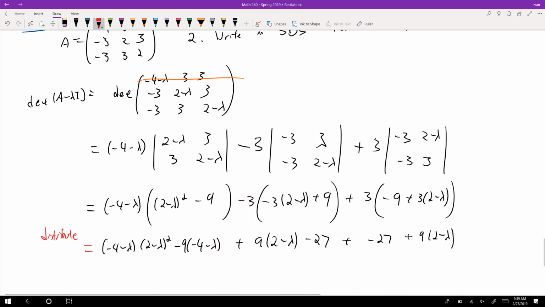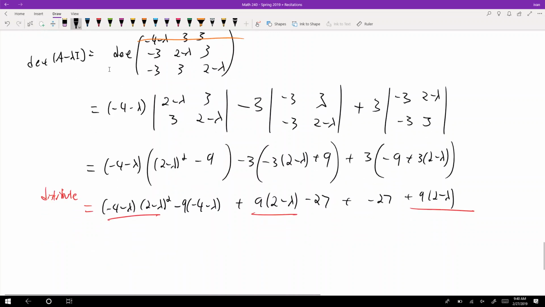Okay, what's the next step? I'm going to group the 2 minus lambda terms. I'm going to factor out a 2 minus lambda. So this term, and this term, I'm going to group. I'm going to factor it out. So this is 2 minus lambda times negative 4 minus lambda. And then since this was 2 minus lambda squared, there's still a 2 minus lambda term remaining.